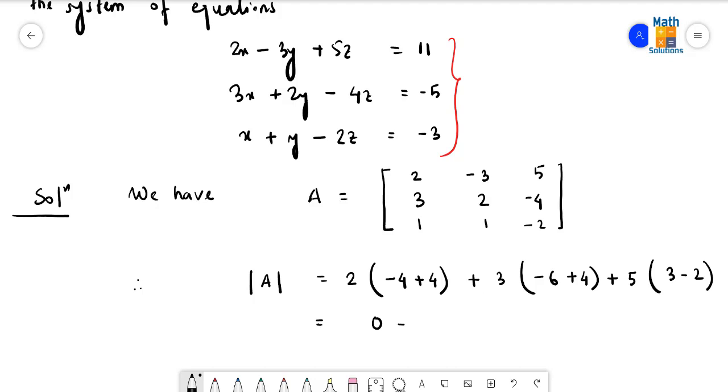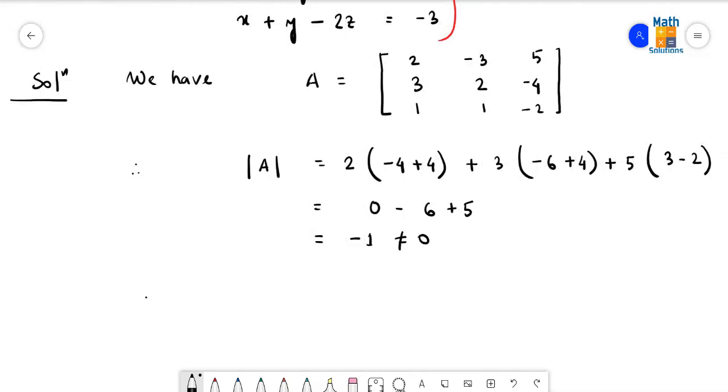Then here I get the result as minus 6. Then in this case it will be plus 5. So my result here will be minus 1, which is again a non-zero quantity, and therefore A inverse will exist here. Then after I shall come to the adjoint part.